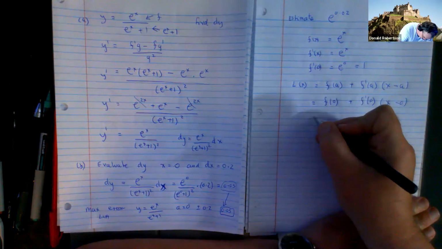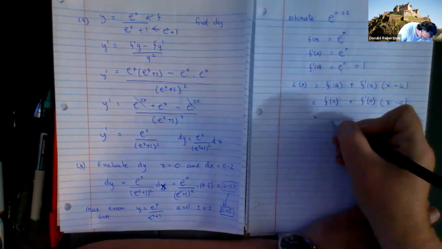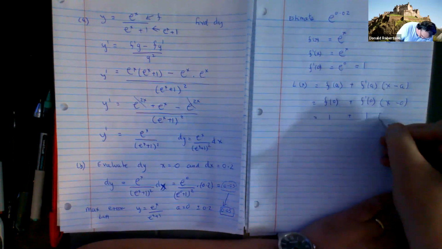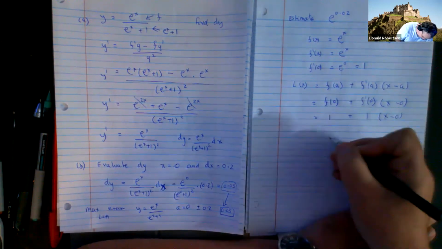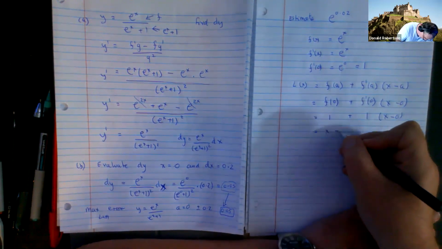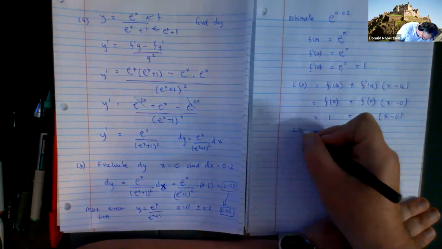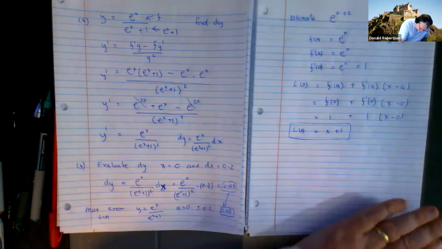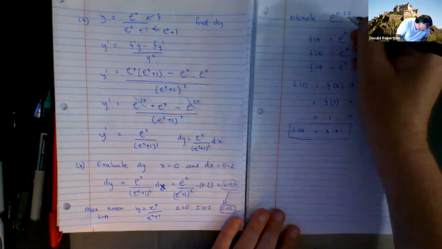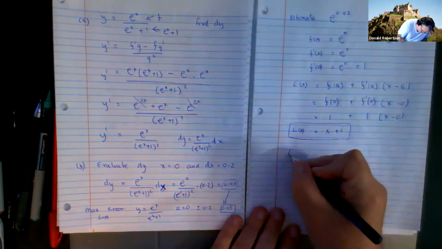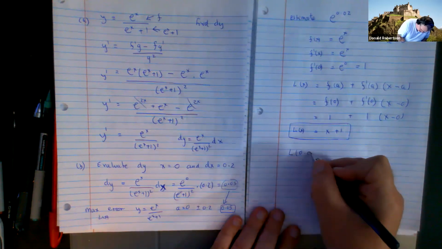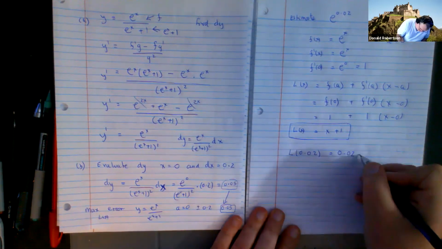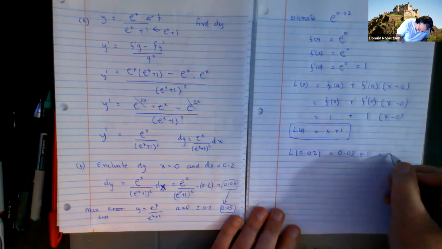The value of the function is e to the nothing, so that's 1. The derivative is e to the nothing, so that's 1. And what we got here is basically x plus 1. And we're going to use it to estimate this fella. Well, that would be 0.02 plus 1, which is 1.02.